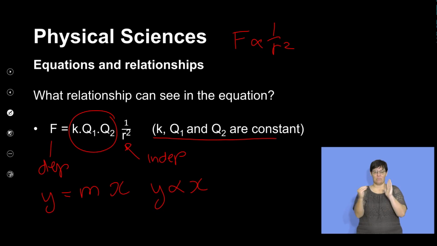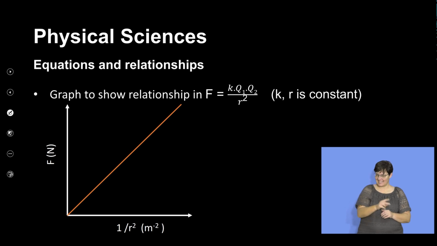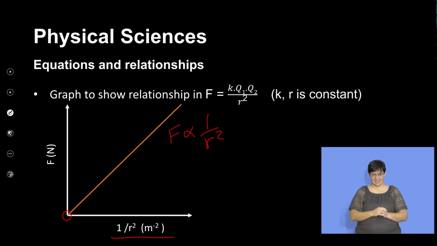And that's exactly what I've done here. You'll see there I've got meters to the minus 2, 1 over r squared, a straight line graph that goes through the origin. We can say that F is directly proportional to 1 over r squared. These other factors are constant.